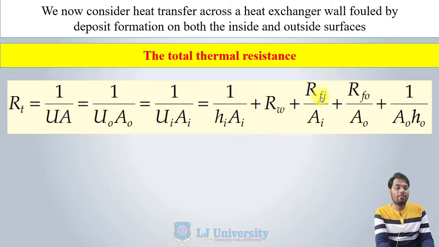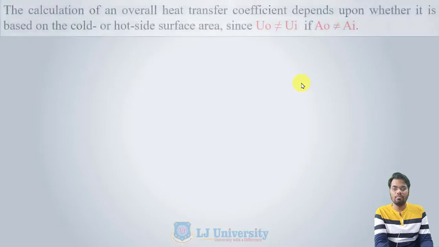Now plus Rfi upon Ai plus Rfo upon Ao. This represents the additional thermal resistance generated due to the fouling, due to the scaling, due to the impurities. This is the additional resistance for the inner fouling, this is the additional thermal resistance due to the outer side fouling, plus 1 upon AOHO, which is again the convective resistance. So these two terms represent the additional thermal resistance generated due to the formation of the fouling.